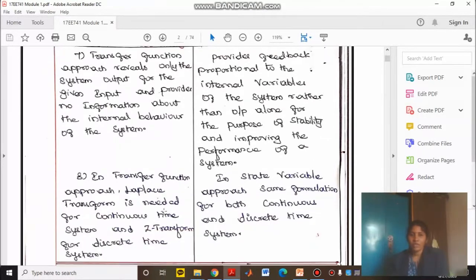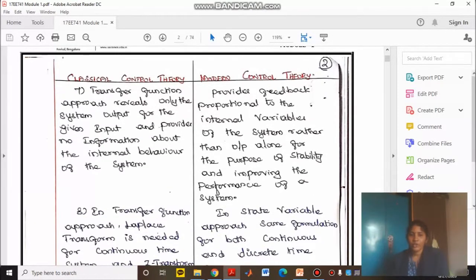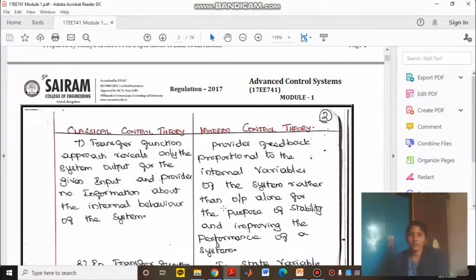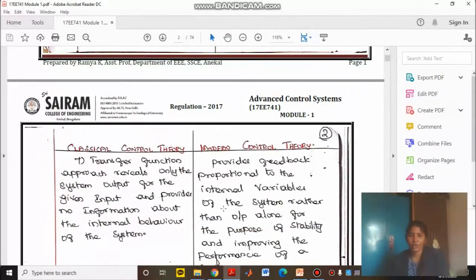In the transfer function approach, you apply a Laplace transform, which needs a continuous time system, and a Z transform for a discrete time system. In the state variable approach, only some formulations are required for both continuous and discrete systems. So this is the basic difference between advanced control systems, modern control theory and classical control theory.